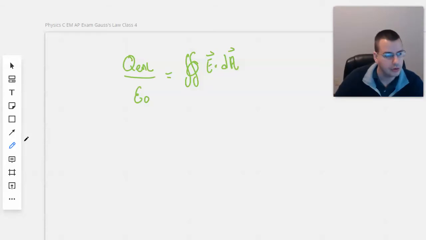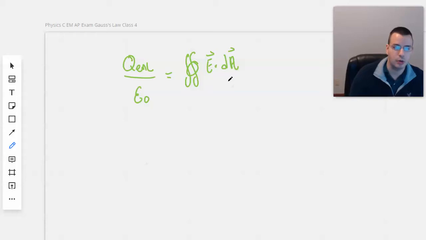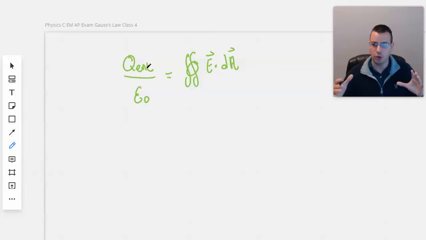So first, going through the equation, talking about what it even means. A lot of times you'll just see Q here. Q enclosed means we're going to draw what they call a Gaussian shape.